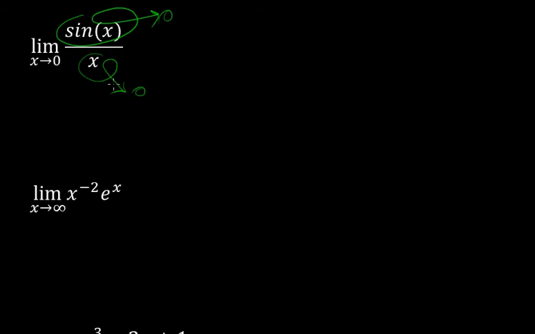So this is of the indeterminate form 0 over 0. So I'll do this one a little more formally. I'll say equals, and I'm going to put LR here, so you will know when you look at your notes that we used L'Hopital's rule. So this is equal to the limit as x approaches 0 of the quotient of their derivatives. So it will be cosine x over 1.